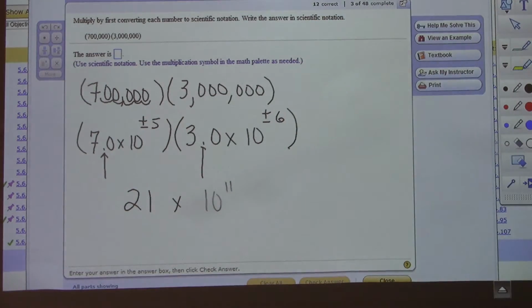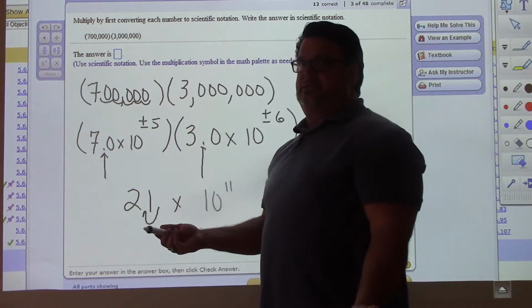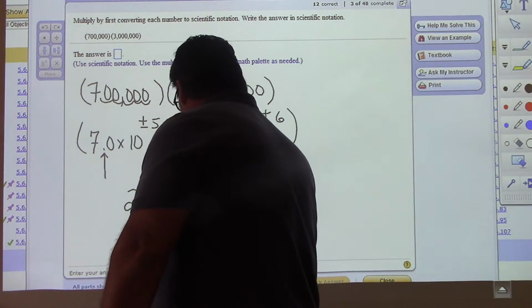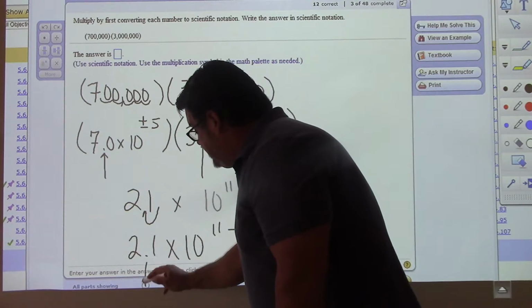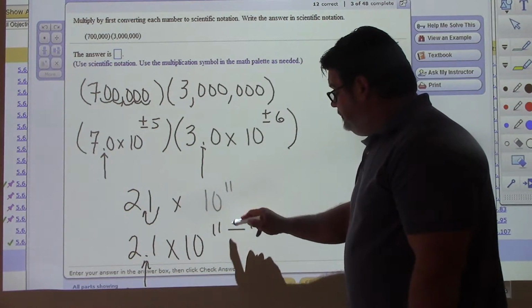Scientific notation. So, one place, everybody's going to get to one place. That's not what you're going to get wrong. 2.1 times 10 to the 11. Which way do I move this thing in my head to get it back the way it was? To the right.